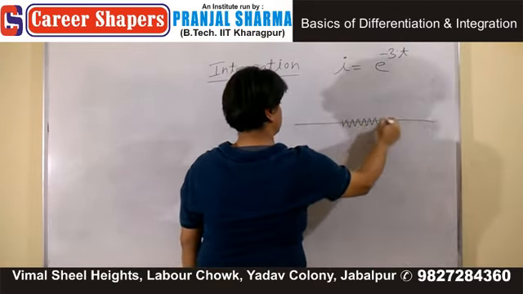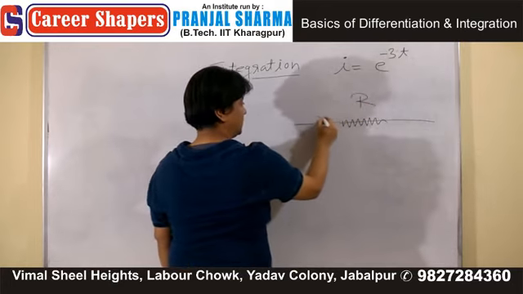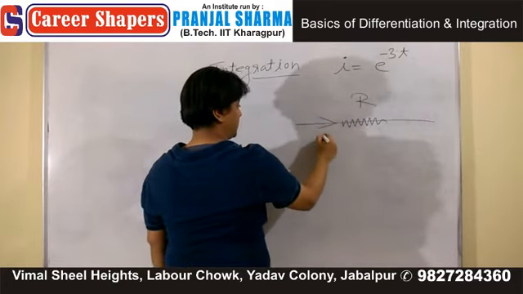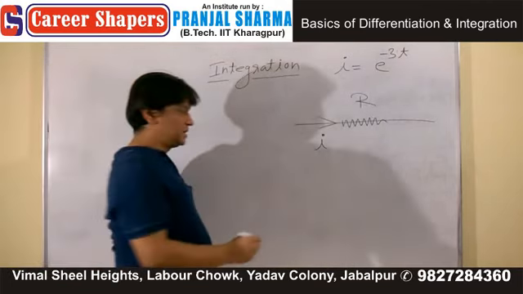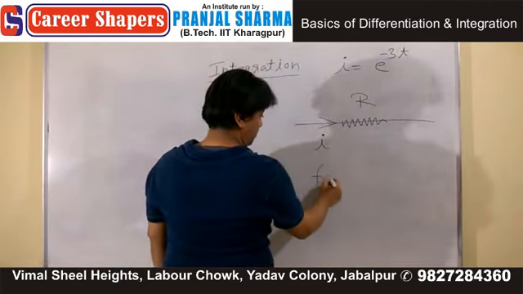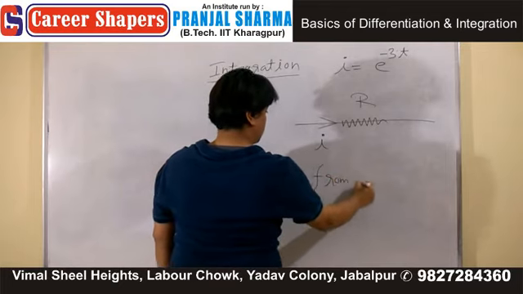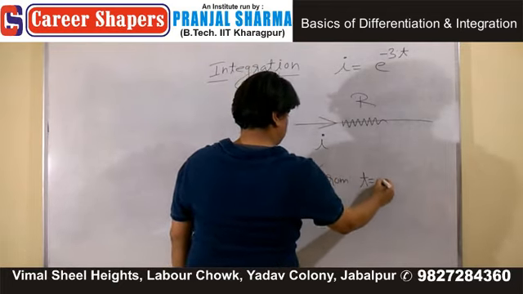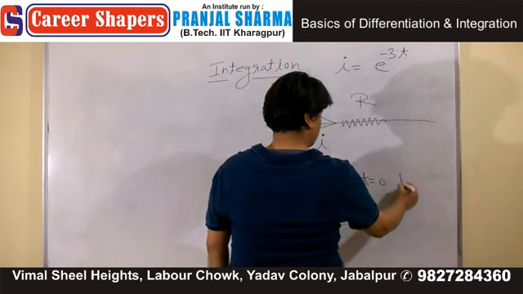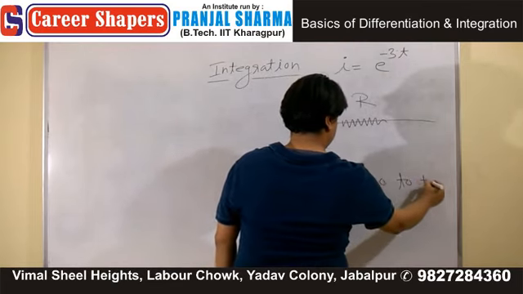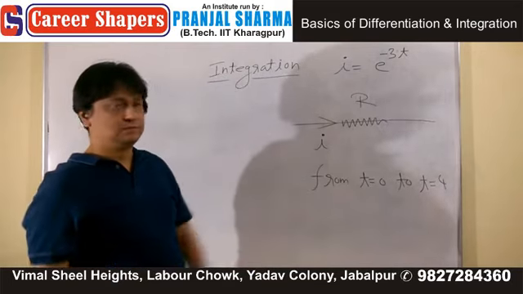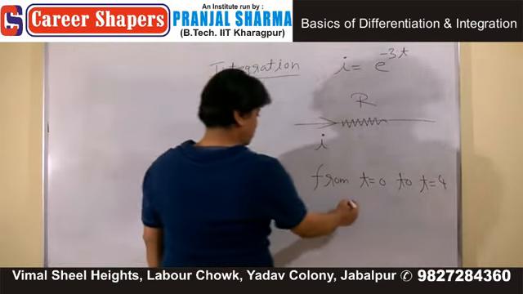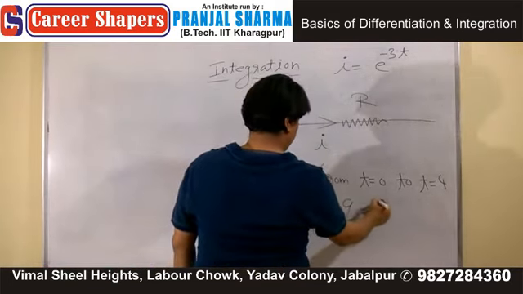You have a resistor, current is I, which is given by that. The question says from t equals 0 to t equals 4, between this, what is the Q that is flowing?